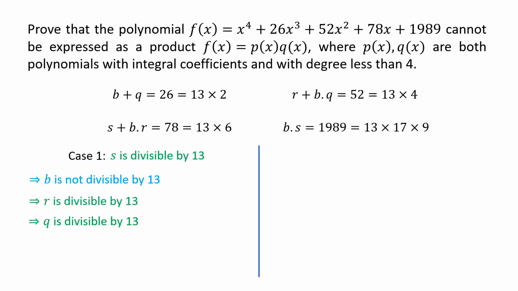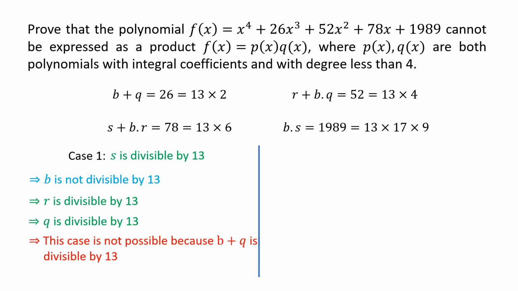This means b times q should also be divisible by 13. But as b is not divisible by 13, it means that q has to be. According to our findings, b is not divisible by 13, whereas q is. This is not possible because b + q is 26, which is divisible by 13.